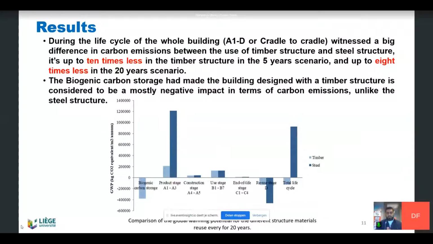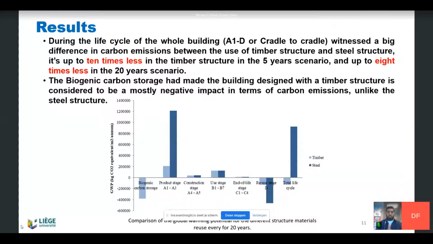This figure shows that during the life cycle of the whole building, we witnessed a big difference in carbon emissions between the use of the timber structure and the steel structure. It's up to 10 times less in the timber structure in the 5-year scenario, the original scenario of the Centrum, and up to 8 times less in the 20-year scenario.